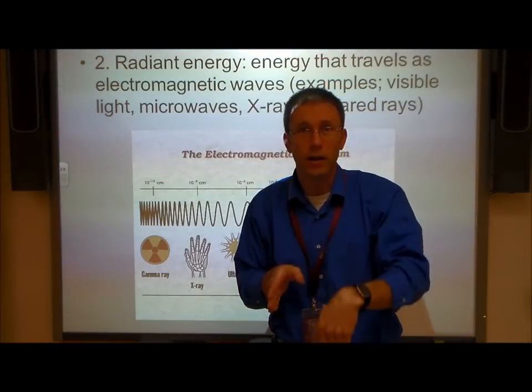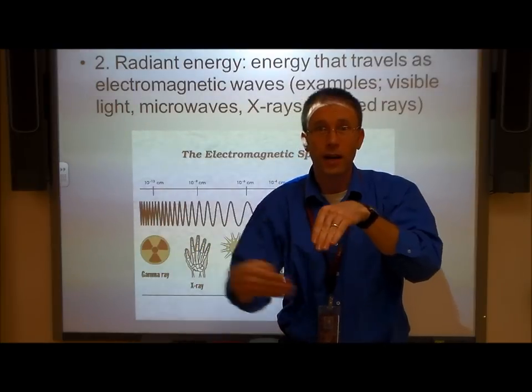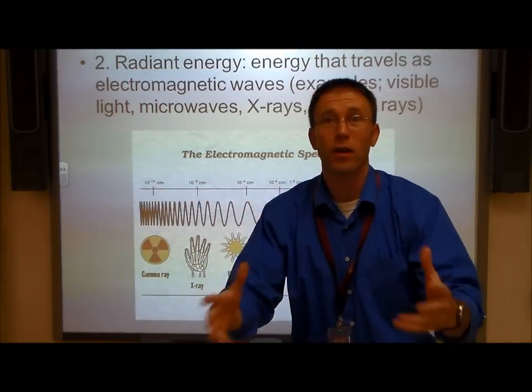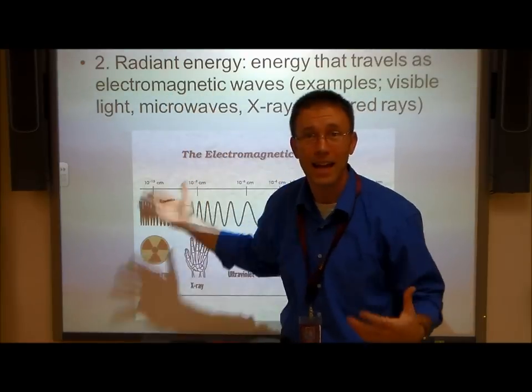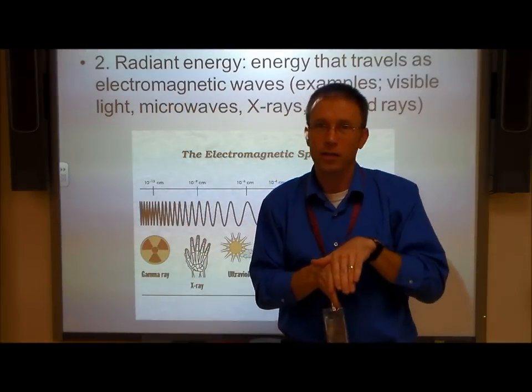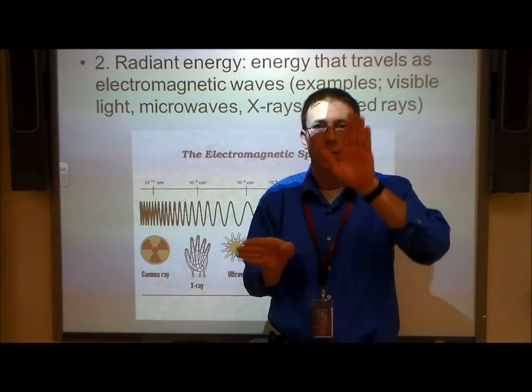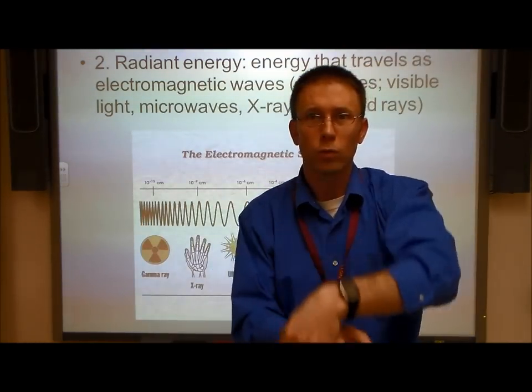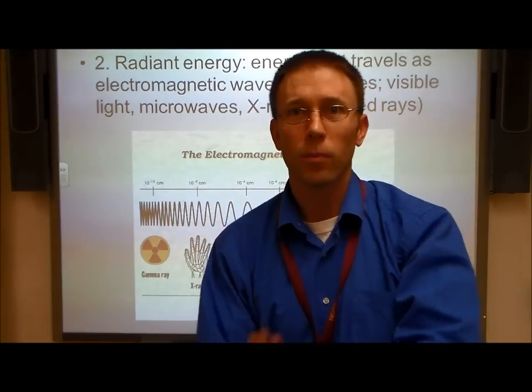So one's going up and down, and the other wave's going side to side. And they're both moving at the same time. They're both part of the same wave. It's an electromagnetic wave. So try this now. This is pretty crazy. One goes up and down, and the other goes side to side. Ooh, wow, check that out. And they're all parts of the same wave.